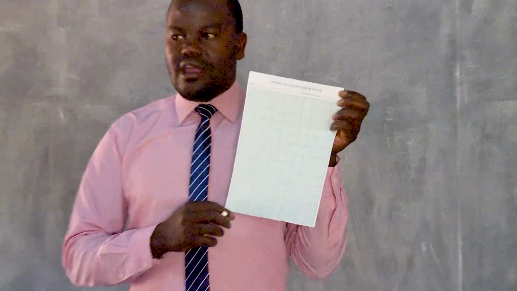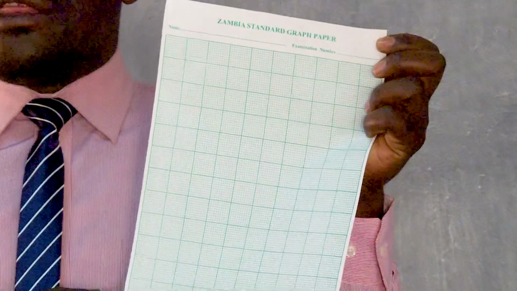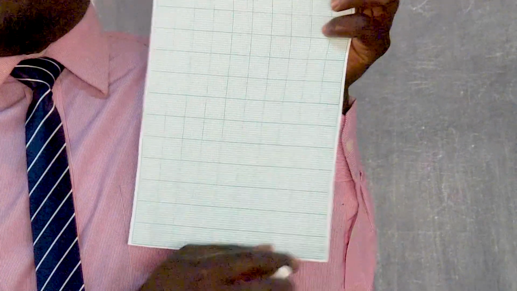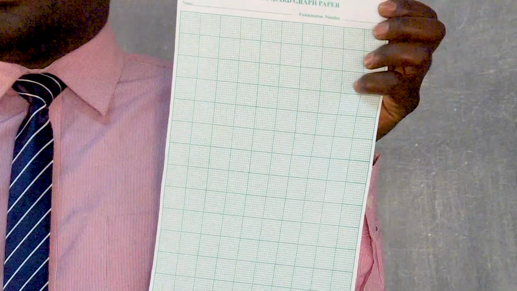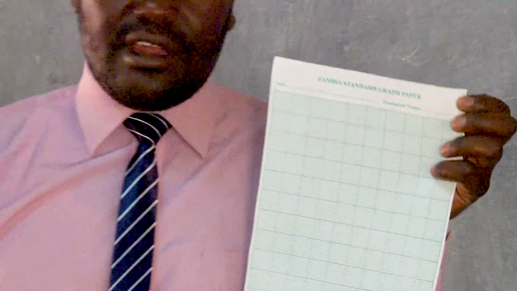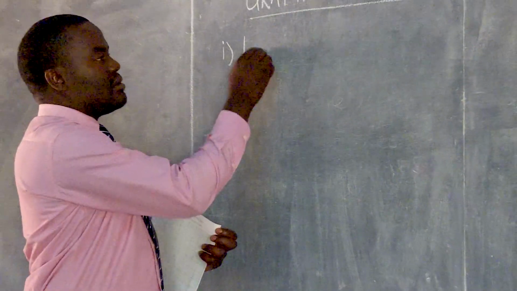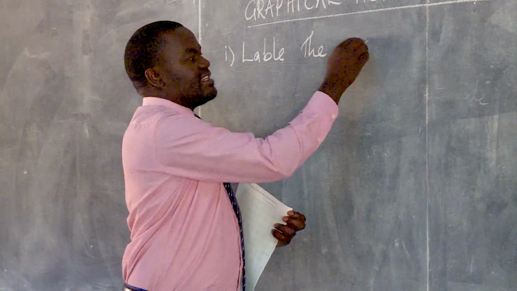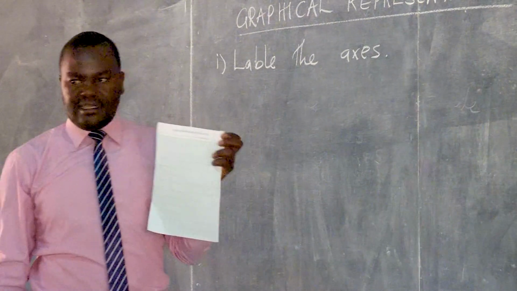Along this line, we have the y-axis, then along this line, we have the x-axis. So when we say you label the axis, that is what we mean. The first thing is you have to label the axis, that is the x-axis as well as the y-axis.